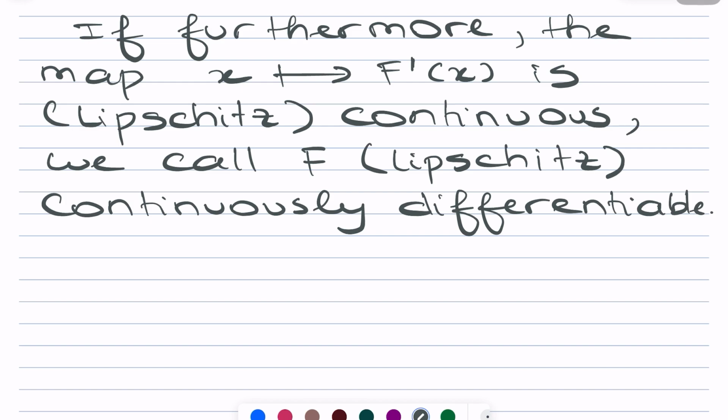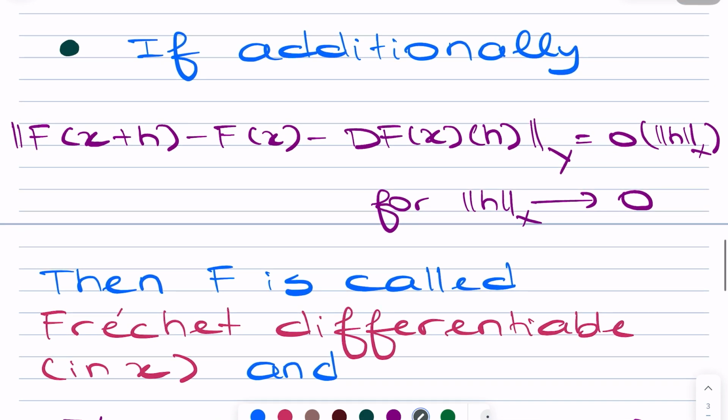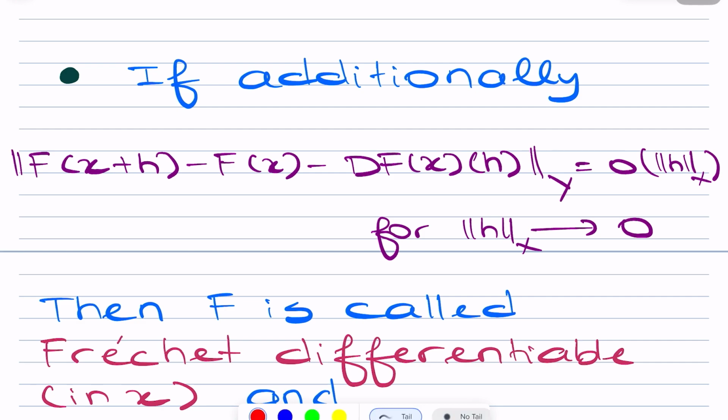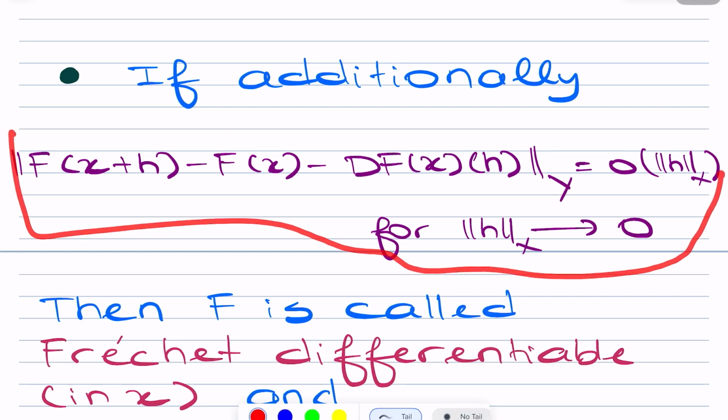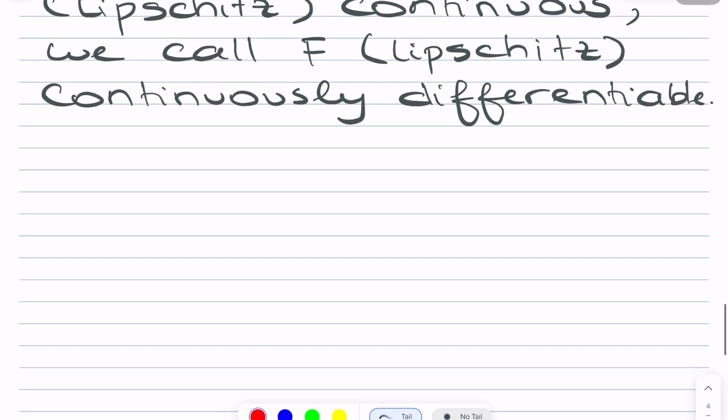So for Fréchet differentiability, you need that the function is Gâteaux differentiable, and this condition here should be met.